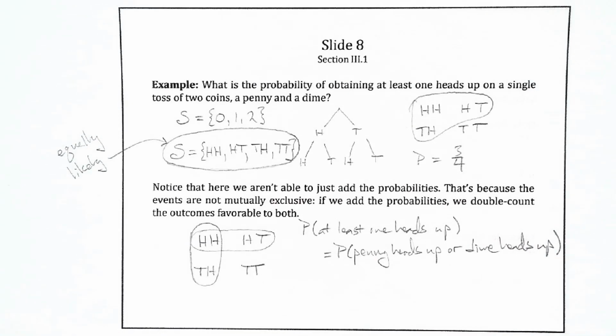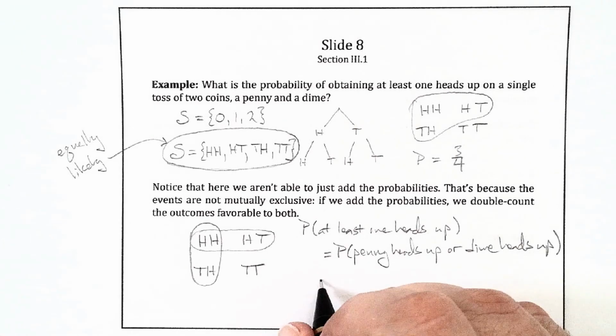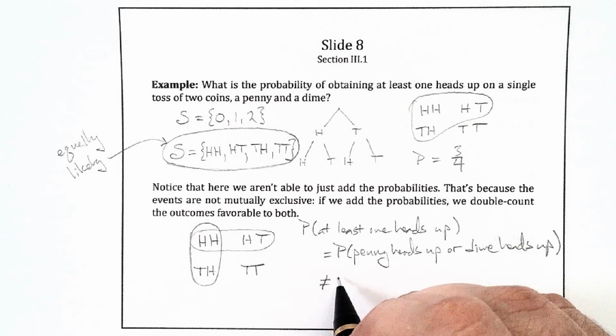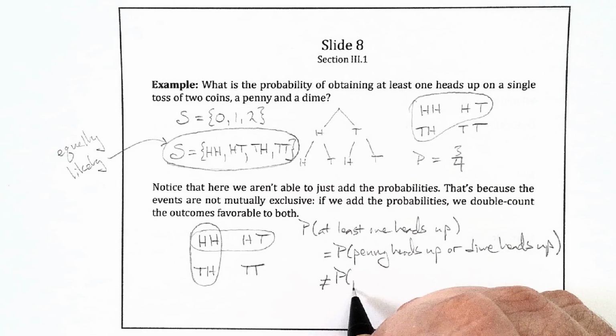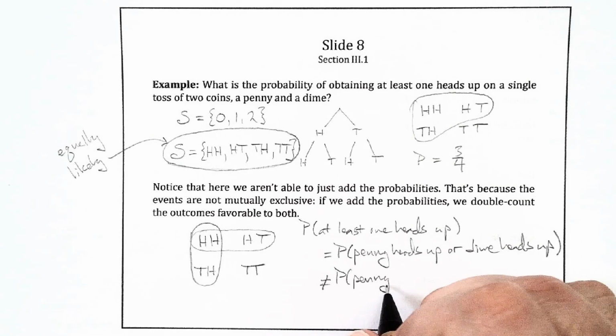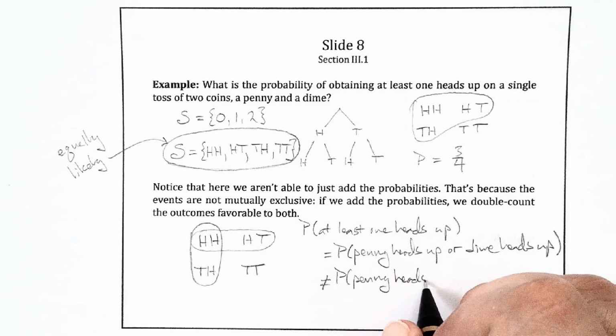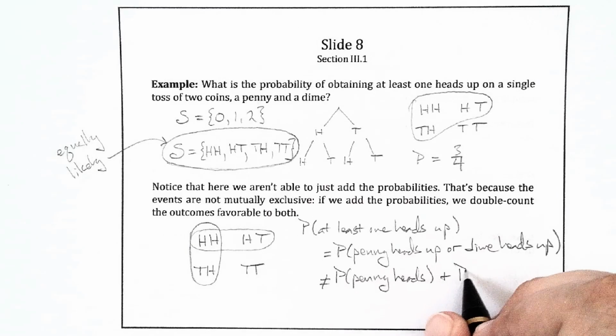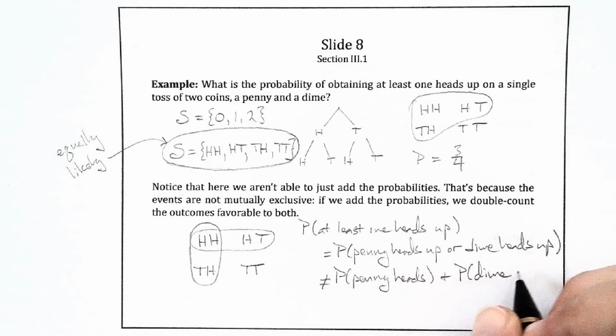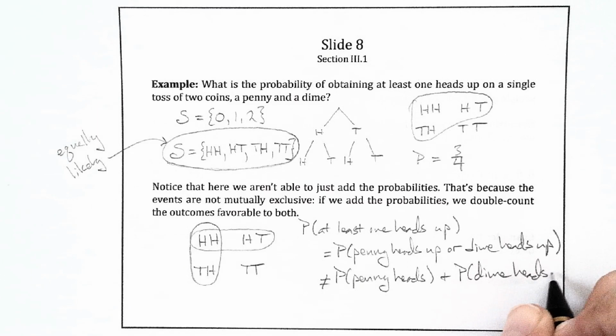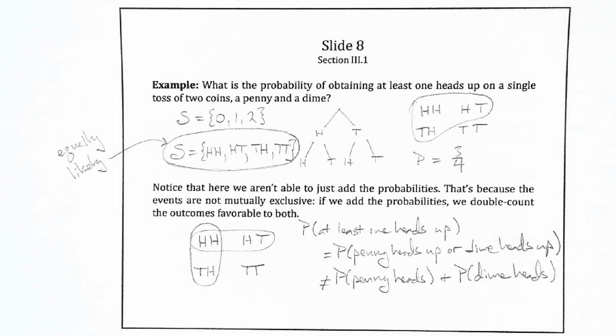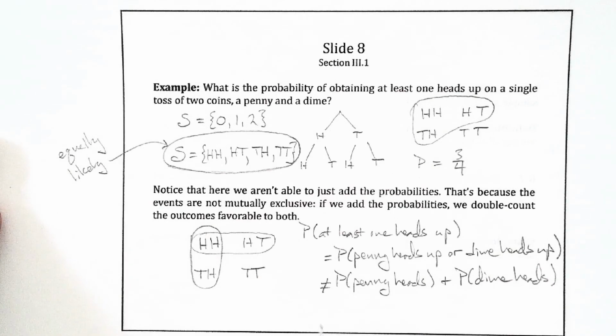Or, of course, possibly both. Okay, but this is not equal to the sum of those 2. So I'll just say penny heads plus probability of dime heads.